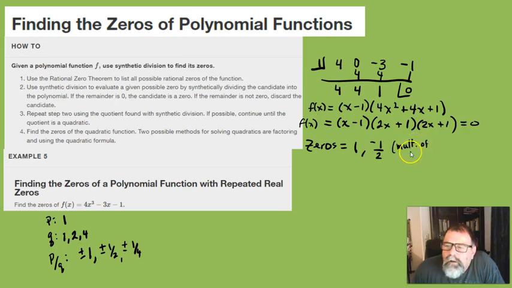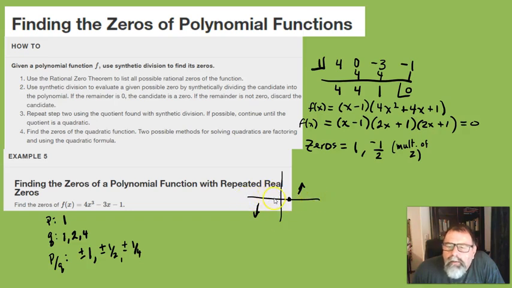So if you recall, if I were to do the graph of this, this is x cubed. The leading coefficient's positive, so the ends go like that. It's going to hit at 1 and negative 1/2.